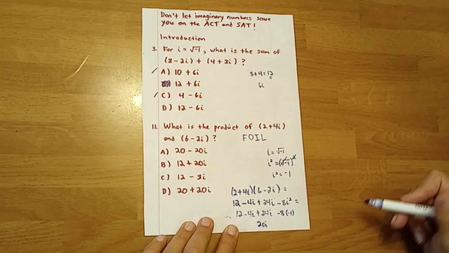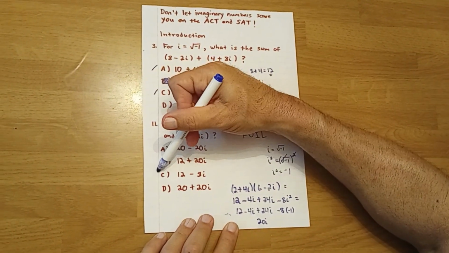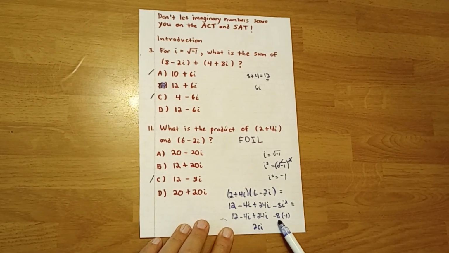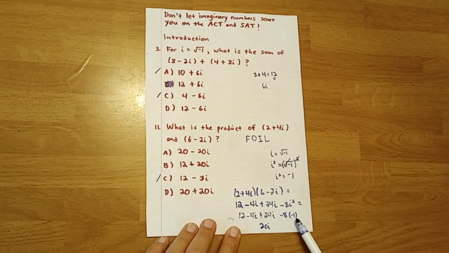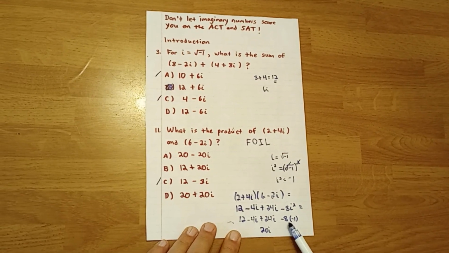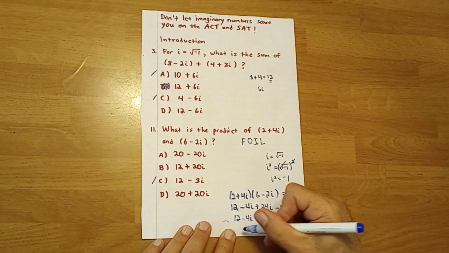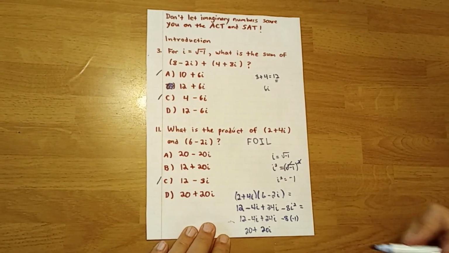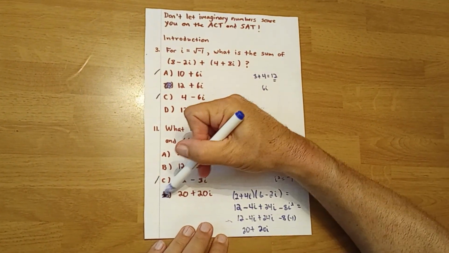So we know that we have to have a 20i in the answer, so C is out. And then we have 12 plus 8. Again, -8 times -1 is 8. 8 plus 12 is 20. So this becomes 20 plus 20i, and our answer is D as in dog.